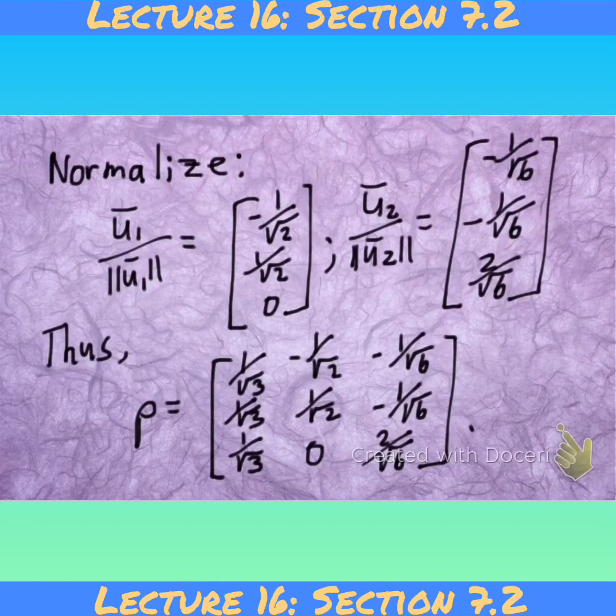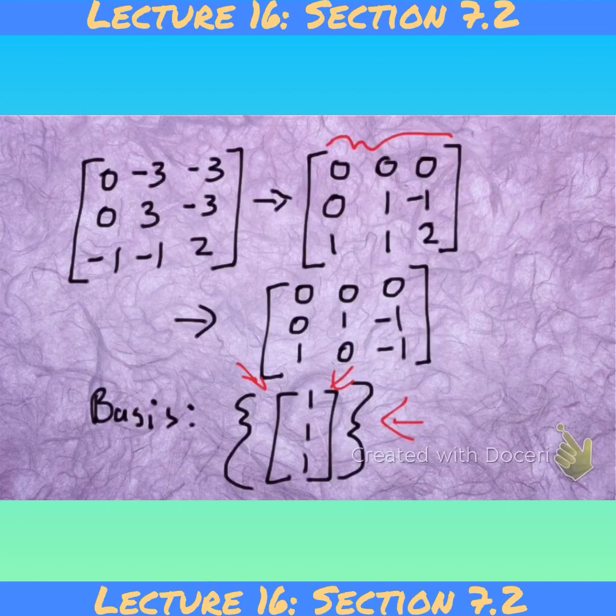Right, so now having normalized those two vectors, I form a matrix P, where P is now my column vectors. The second and the third column are going to be formed by those two vectors, and the first column comes from my first eigenvalue basis. That was my first eigenvalue basis. I need to normalize that vector.